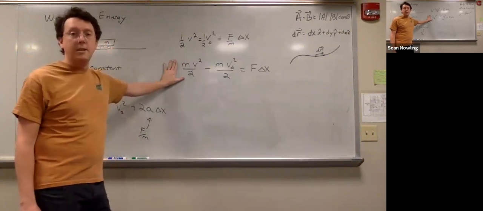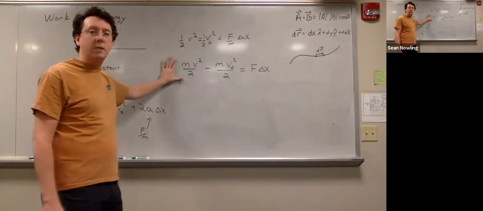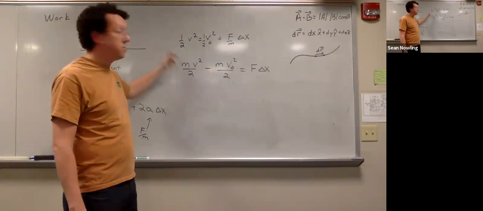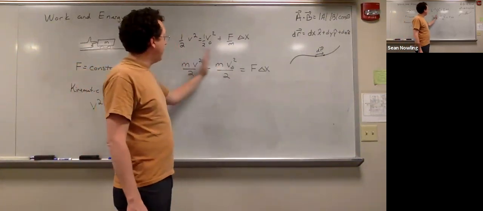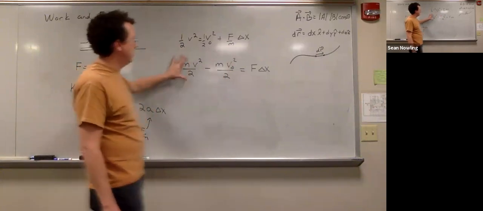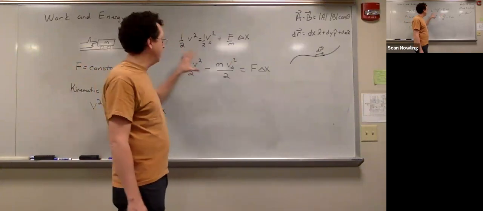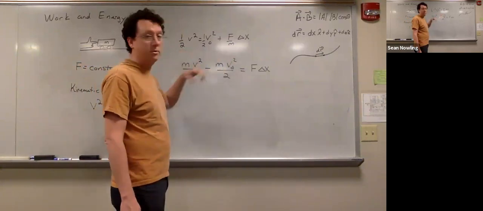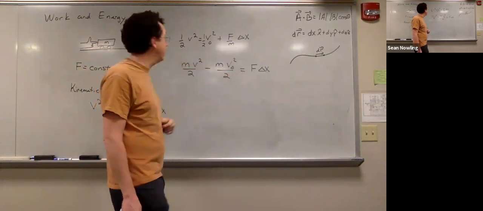So when you say that all the kindergartners running around the room have lots of energy because they're moving really fast, this is the thing you're talking about. It turns out it also depends upon the mass. So if this is kinetic energy, this would be the final kinetic energy, this would be the initial kinetic energy, and this is the final minus initial, so it's the change in kinetic energy.